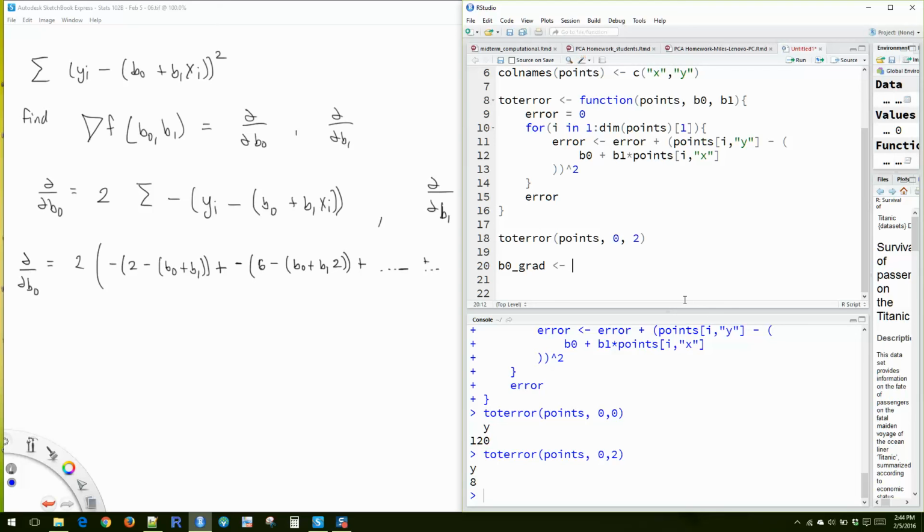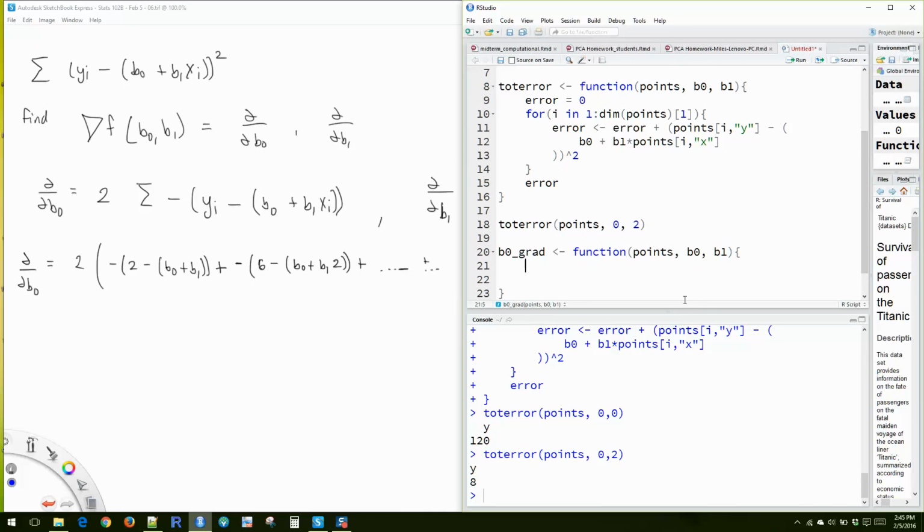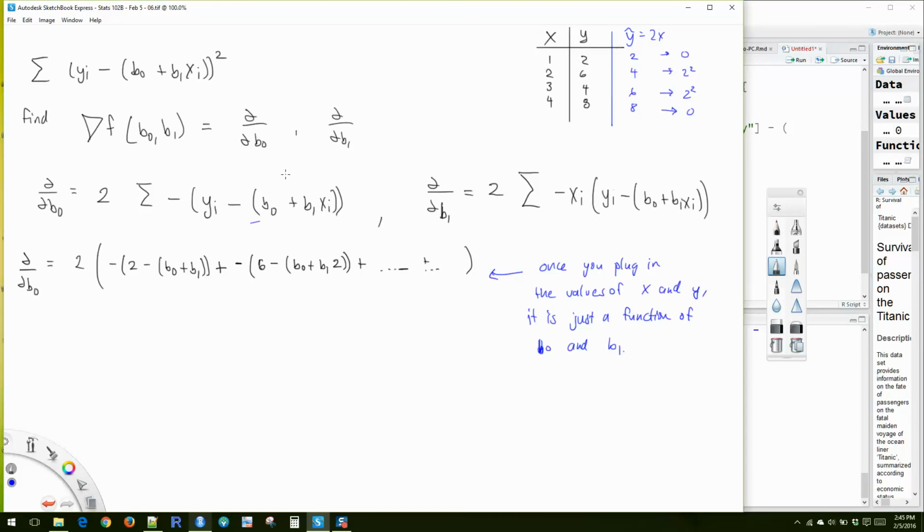This is going to be again a function of our points and our choice of b0 and b1. Okay, our gradient of b0, we found to be this thing. So how do I get that into R?